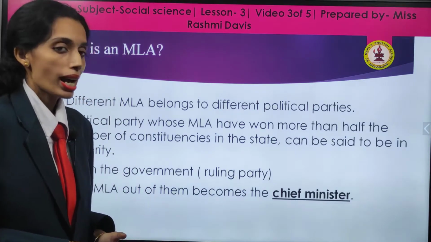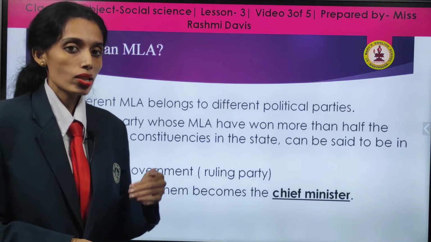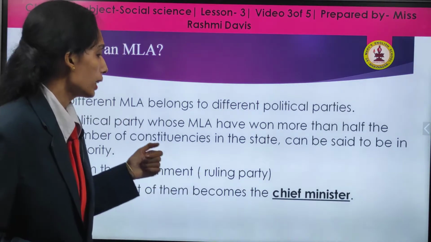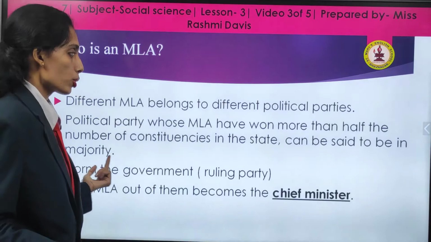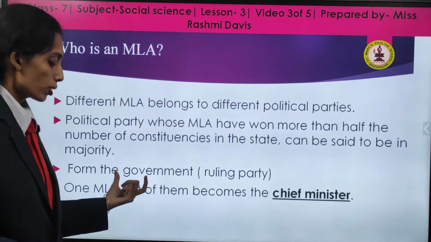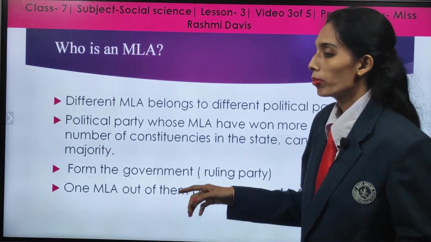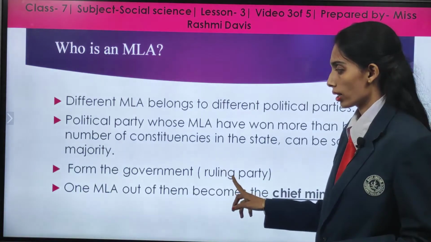If a particular party gets the maximum number, then they are said to have the majority and form the government. The majority of those members will form the government and will be known as the ruling party.